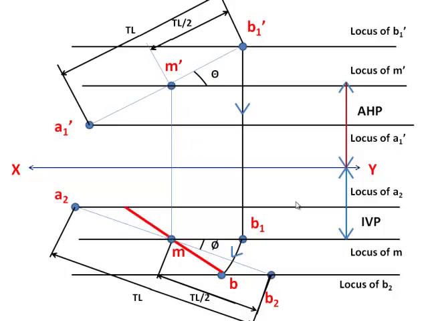Simply you extend it, you will get the intersection point on locus of A2. That point is your A. Do you understand now? Do you understand? Join M and B, or B to M, then extend that one on the same inclination. It will touch your locus of A2. That is your A. Okay.